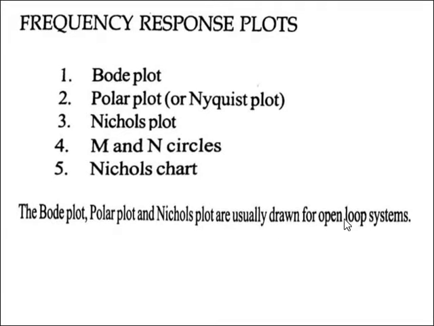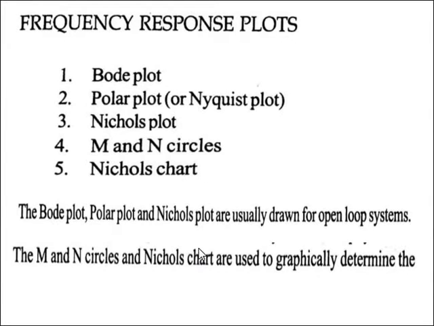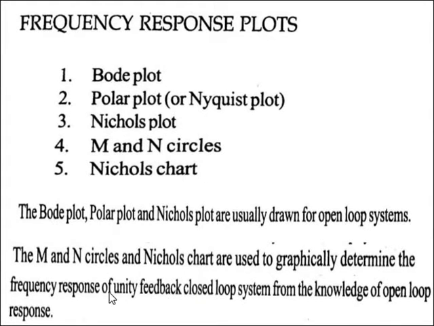The M and N circles and the Nichols chart, these 2, are used to calculate the closed loop system frequency response. So the first 3 methods are used for the open loop system frequency response, and the fourth and fifth methods are used for the frequency response of a closed loop system.